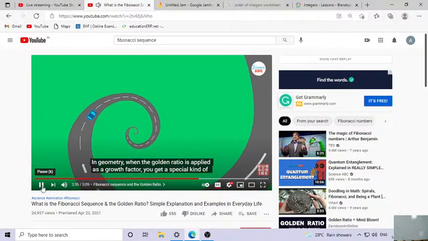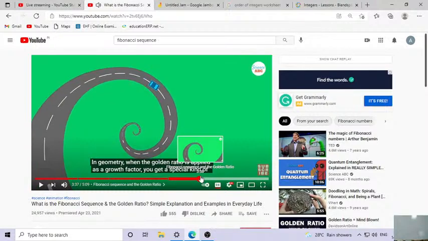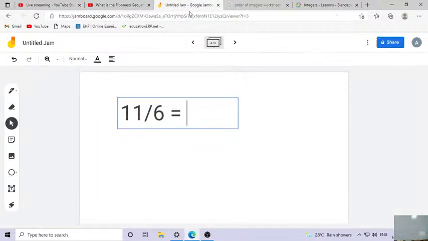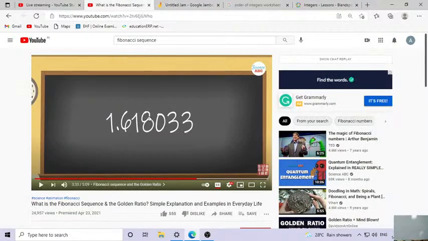In geometry, when the golden ratio is okay, so what is the golden ratio? 1.618033 when we divide two numbers, okay, which are in the sequence one after another, and if we are getting nearly 1.618, we call it the golden ratio.